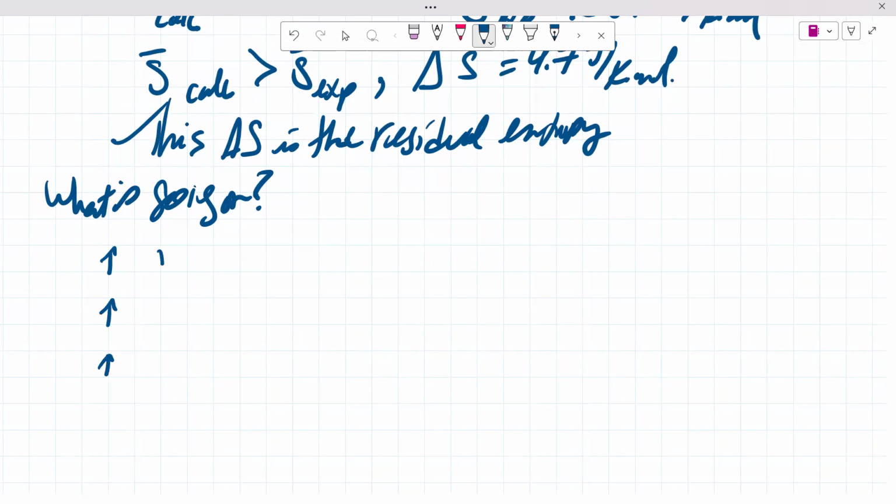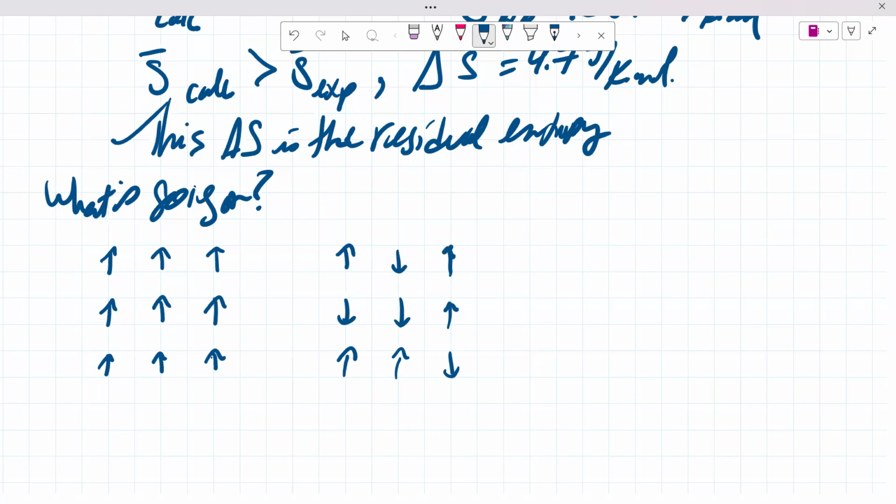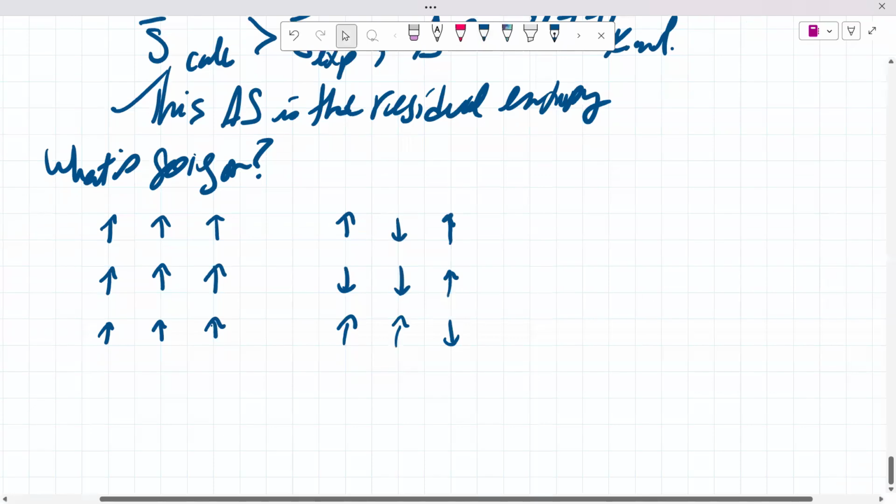When you have a perfectly aligned lattice, that's great. But you could have a not perfectly aligned lattice. Here's a perfectly aligned lattice.